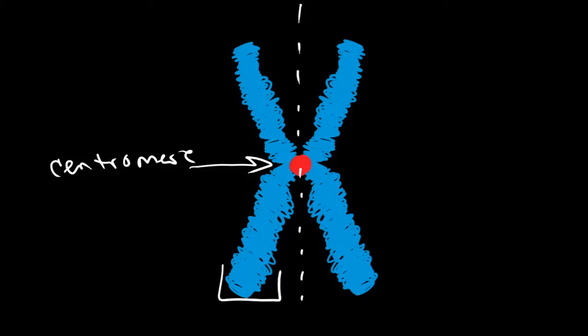And so they are joined together in the middle by this red structure here. That is called a centromere. Now, because they are identical, they get this really cool name. The left half is identical to the right half, and they are known as sister chromatids.